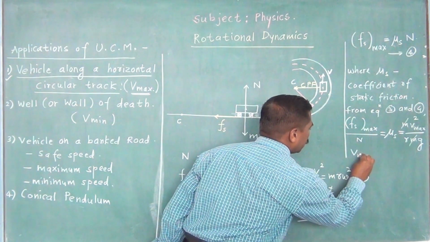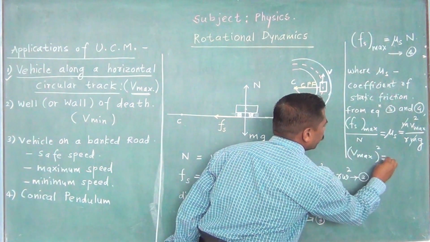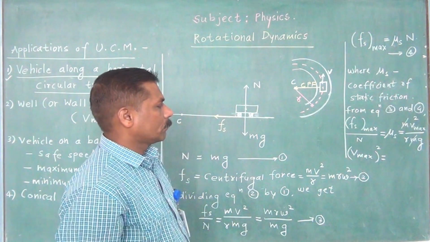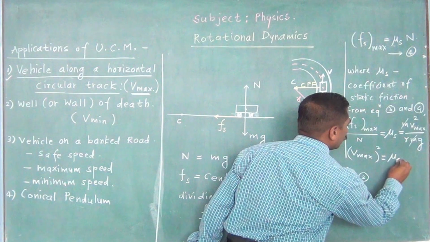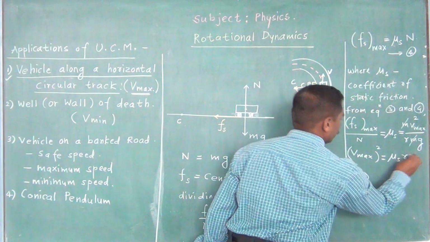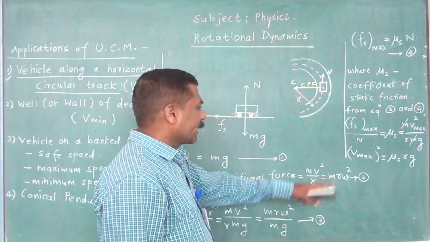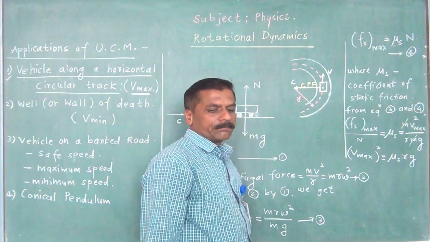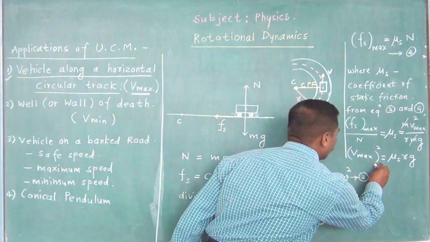So you will find V max square is equal to mu r g. We can take the square root on both sides and it will be the final equation, which is very important.